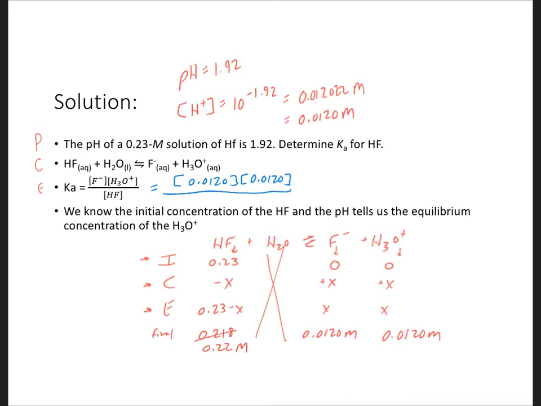My HF at equilibrium, 0.22. I'm going to use my calculator and find out this number. My calculator gives me a large number, 6.5454. I'm going to use the correct number of sig figs. We'll go with 2 this time, and so that's going to be 6.5 times 10 to the minus 4. So ultimately we were looking for a Ka, and this is the Ka for HF.